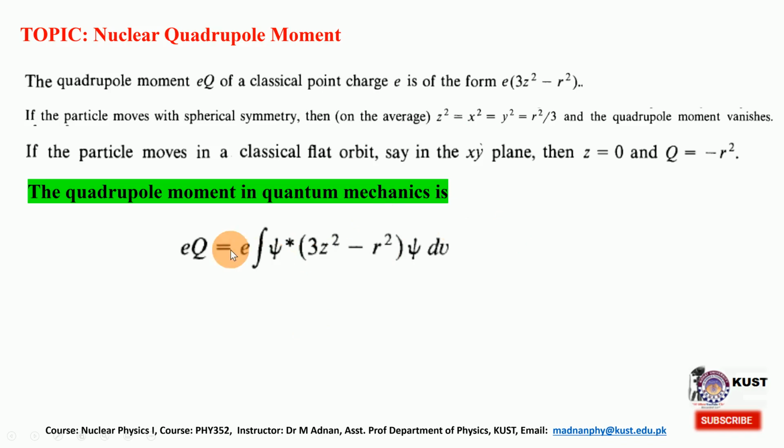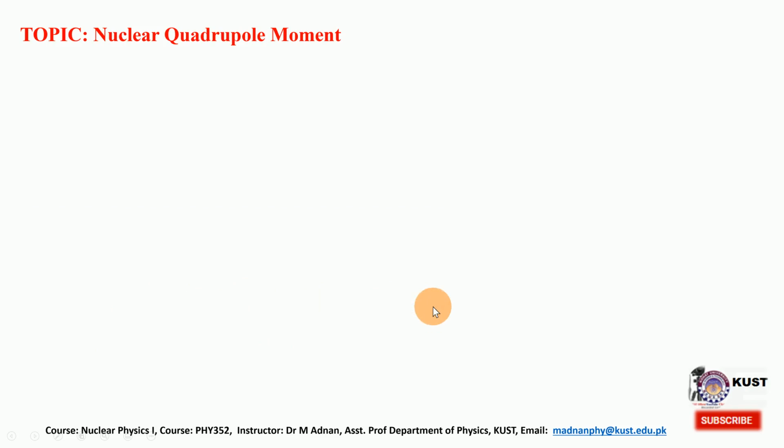So you just need to take this out of the integral and then calculate, and this will be r square. For the spherical symmetry case, this will be 0. That is for a single proton. For an orbiting neutron, Q is equal to 0.